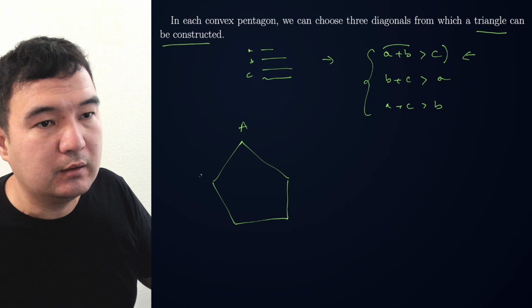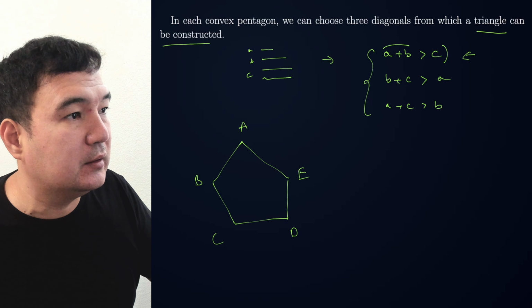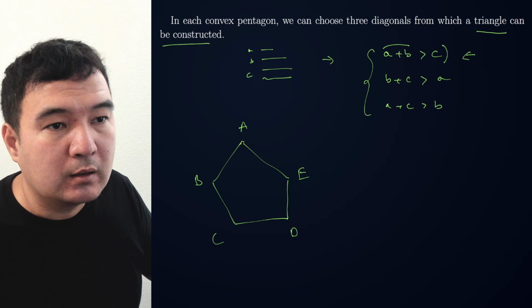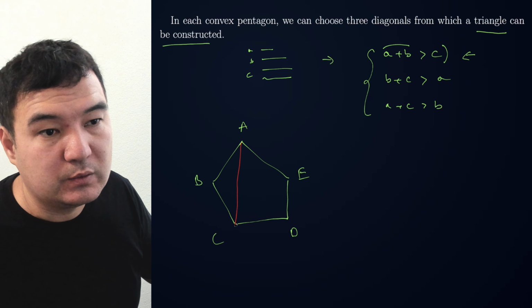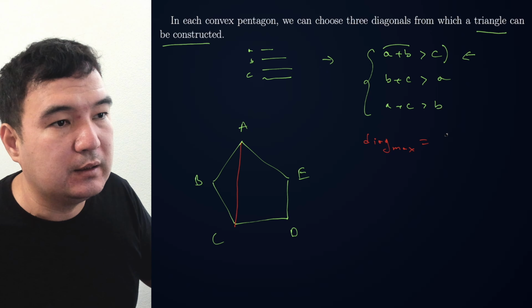With vertices A, B, C, D, E, we can take the longest diagonal. Let's say the maximum diagonal is AC.